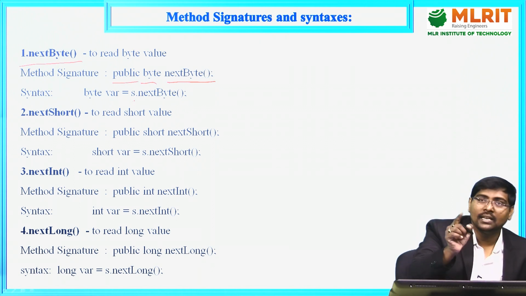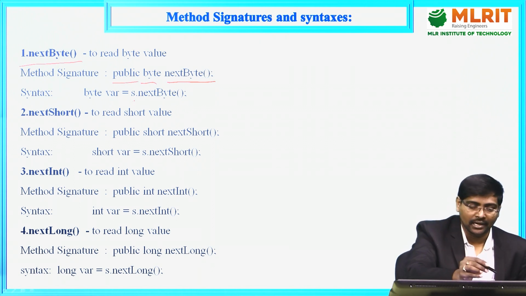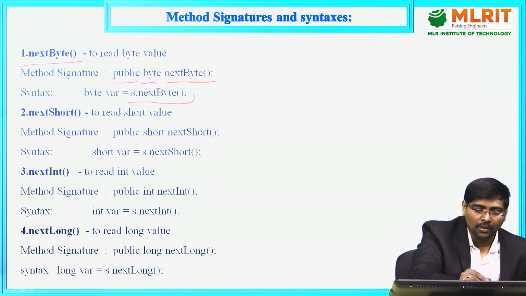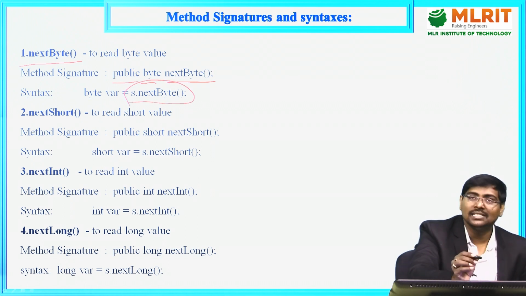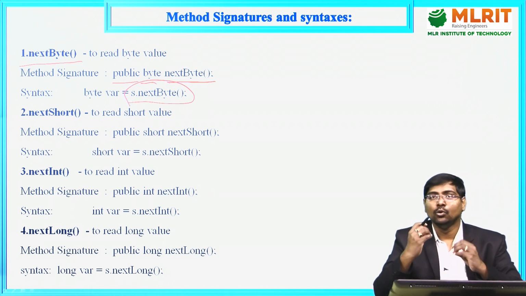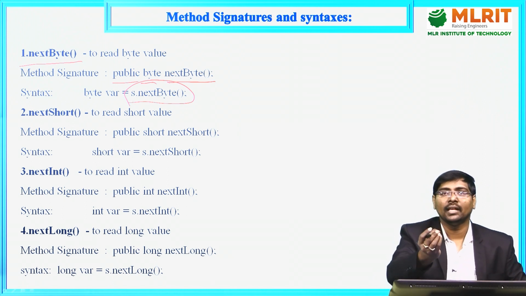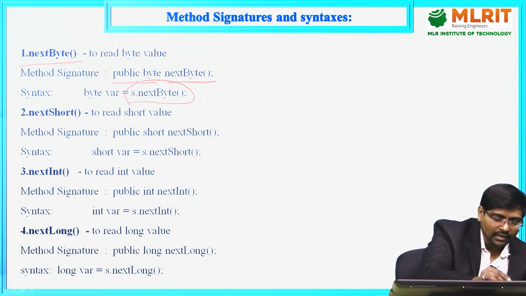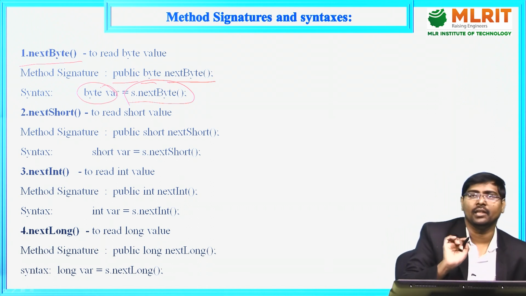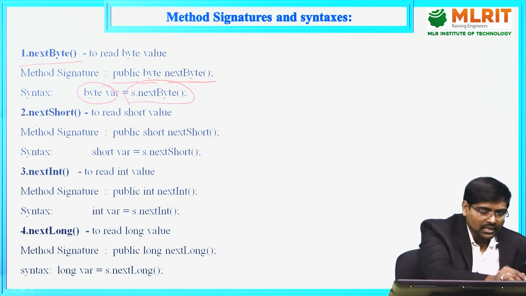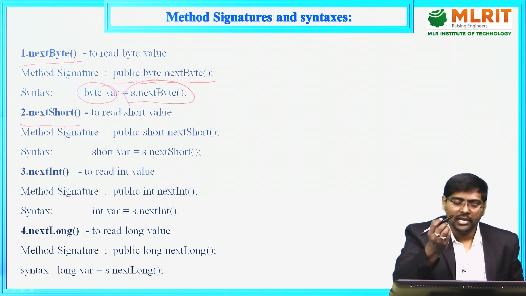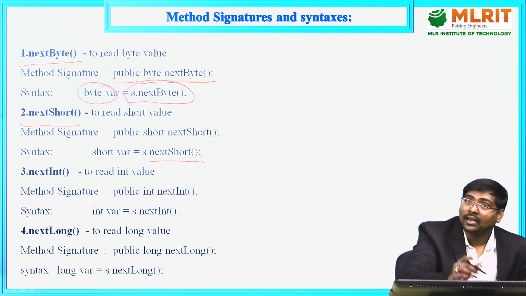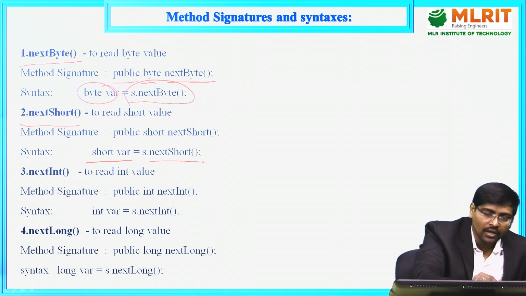Yes, here what is the Scanner object? s.nextByte(). If you are using this method, the user is allowed to enter one byte value. Whatever value you enter is stored in a byte variable. In a similar sense, if you want to read a short value, nextShort, assign it to a short variable only.